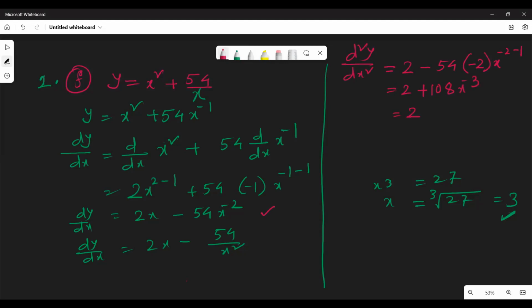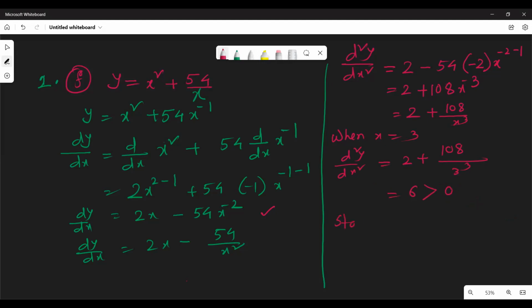So finally we get 2 plus 108 by x cube. Now if we put x equals to 3, d square y by dx square equals to 2 plus 108 divided by 3 cube. So finally we get 6. So 6 is positive. When d square y by dx square is positive, the stationary point is obviously minimum.